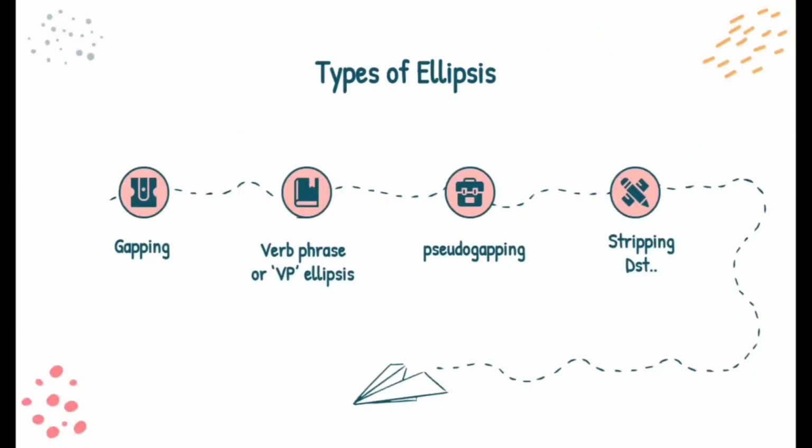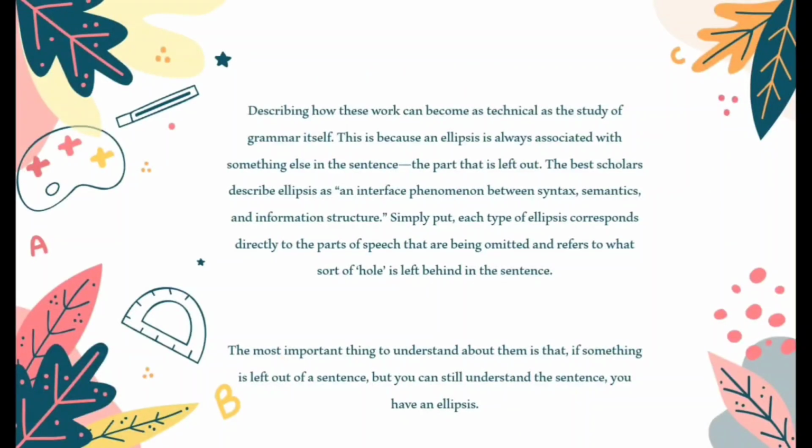There are 4 types of ellipsis. First, gapping. Second, verb phrase or VP ellipsis. Third, pseudogapping. And then the last is stripping. Describing how this works can become as technical as the study of grammar itself. This is because an ellipsis is always associated with something else in the sentence, the part that is left out.